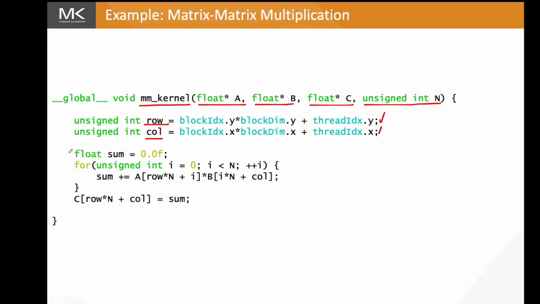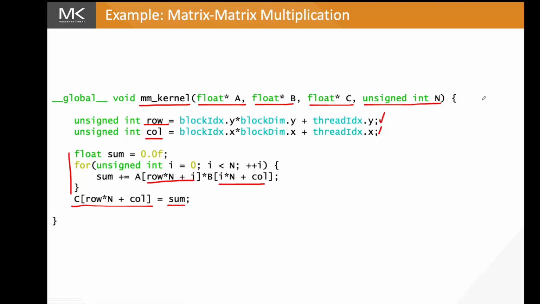And then we perform the dot product here, which is basically the sum of A[i] and B[i], right? So here we fetch the row of A and the column of B, multiply them together and add the result to the sum. And finally, we have to write the sum back into the output matrix.